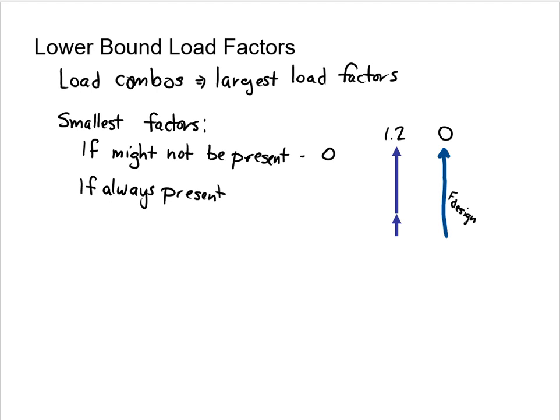Using a load factor of 0 is unnecessarily over-conservative, but it is possible that they are a bit lighter than we expected. Fortunately, the committees creating the standards have already determined a reasonable lower bound load factor for loads that will always be present. From the ASCE standard, that factor is 0.9.